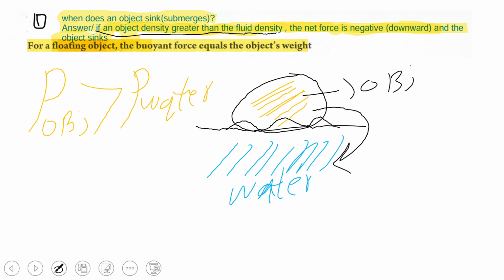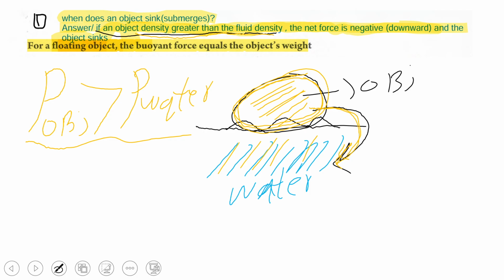Another meaning, if its mass is heavy, or its weight is heavier than the weight of the water, then the object can go under the water. Any substance that has more density has more mass and more weight. So because the object is heavy and has more density, it can go under the water.